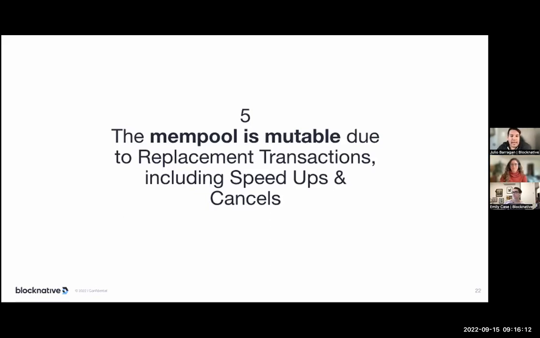So you can have a single transaction that can exist in multiple states inside the mempool simultaneously, which gets to be kind of interesting because you have your transaction existing in one state on certain nodes, but maybe you replaced it, so then it exists in different states on different nodes. So depending on how your transaction was propagated, you can have a transaction that exists in multiple states inside of the mempool simultaneously. And if you think about it, that makes it quite interesting when you're trying to figure out what exactly is going on with your transactions.